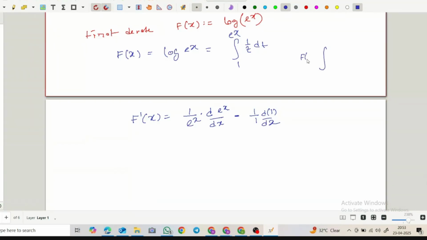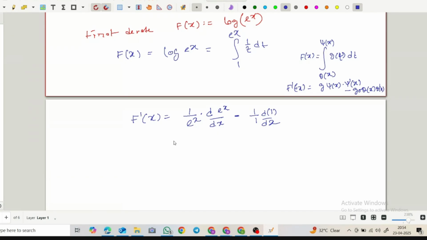If you have f(x) from theta(x) to psi(x), integrating g(t) dt, then by the Leibniz formula f prime x is what? g of psi(x) times psi prime(x) minus g of theta(x) times theta prime(x).